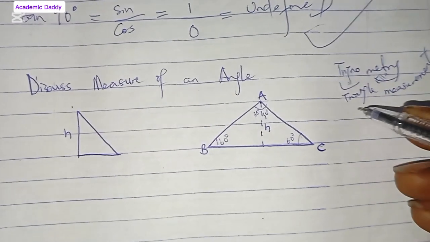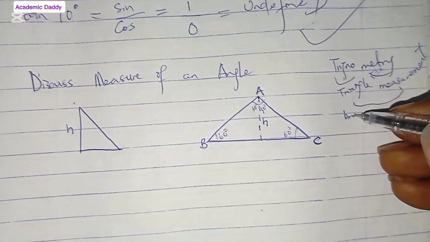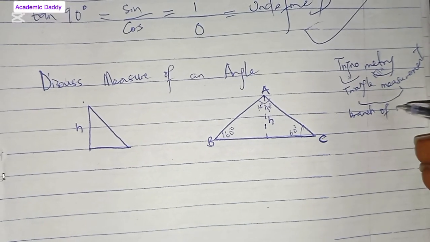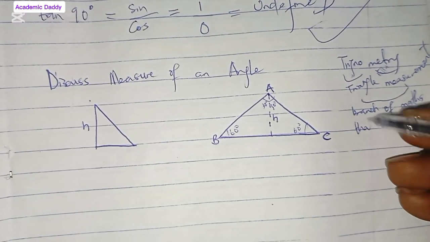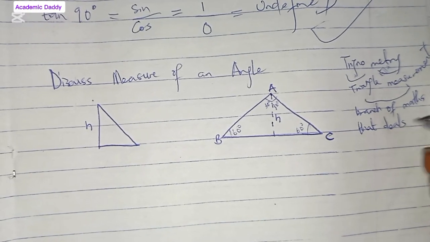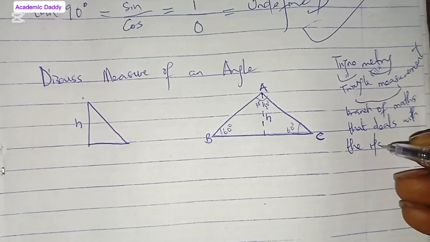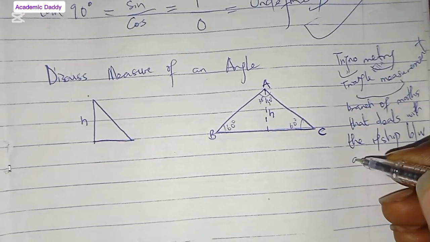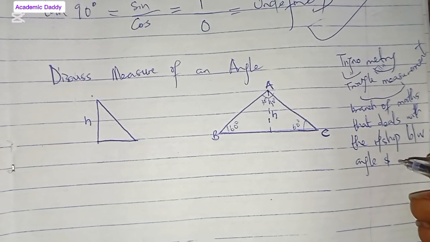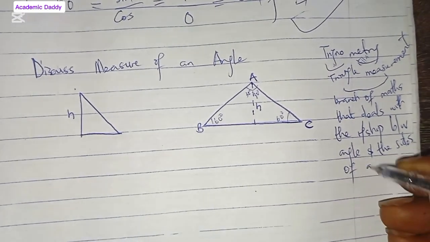And we normally say that trigonometry is simply the branch of mathematics that deals with the relationship between angles and the sides of a triangle.